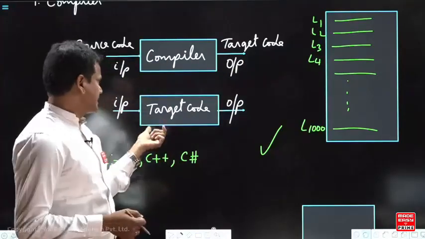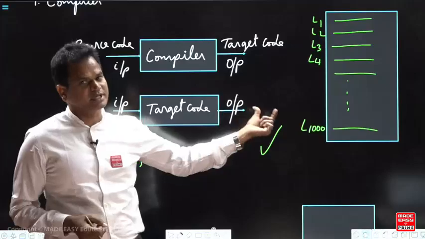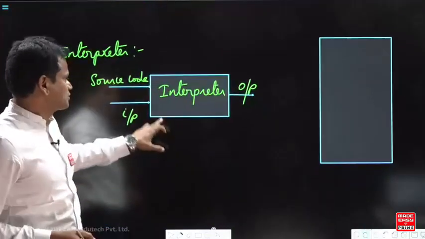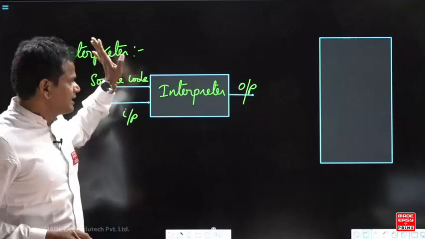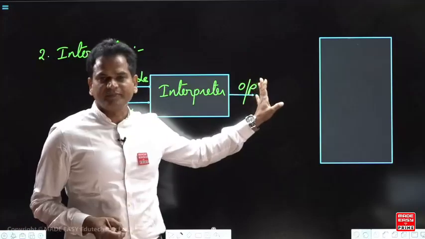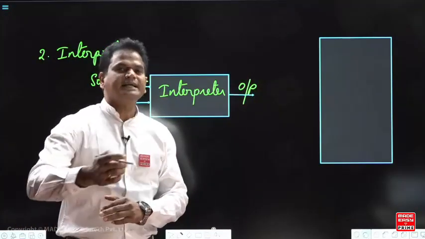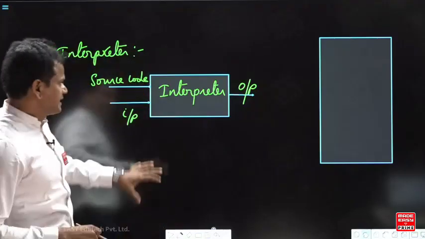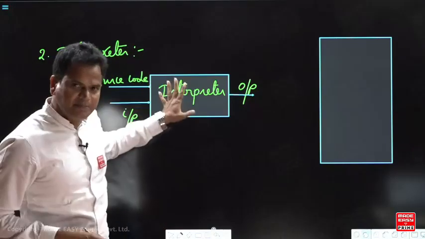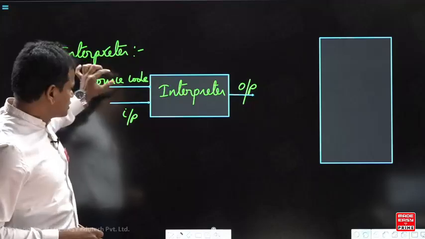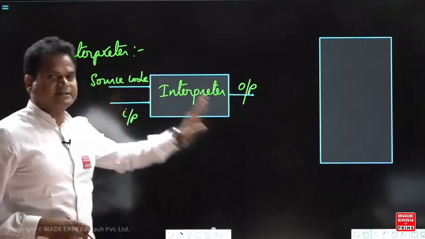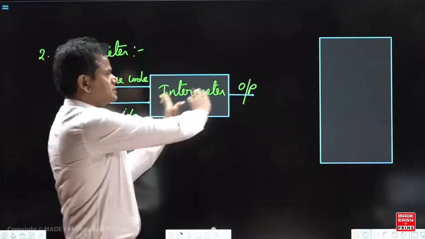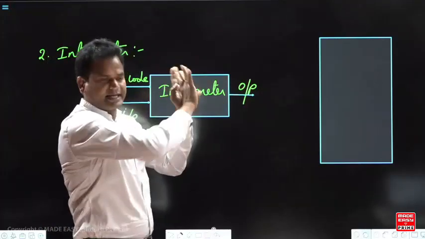For that intermediate language, we pass the input, then it will produce the output. Whereas an interpreter takes the source code as input and executes directly. It won't produce any intermediate language. So I repeat, in the case of an interpreter, in the source program itself we pass the inputs, and it executes directly and gives the direct output.